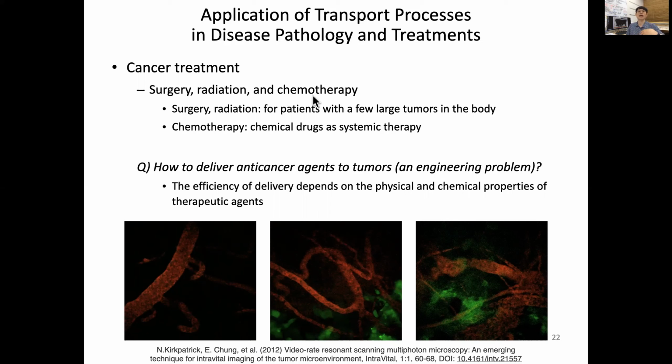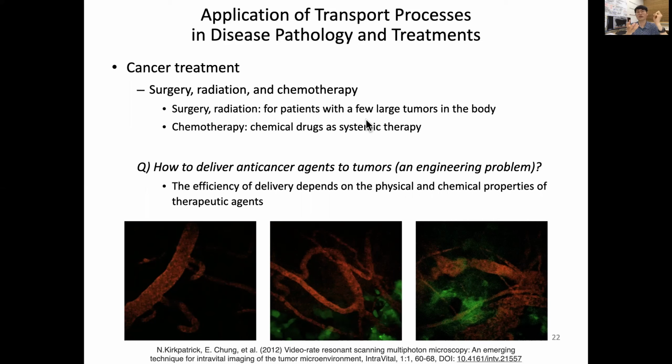And lastly, chemotherapy. Surgery and radiation are used when the patient has a few large tumors in the body that we can identify and surgically resect, or before or after we can use ionizing radiation to try to kill and reduce the tumor mass.